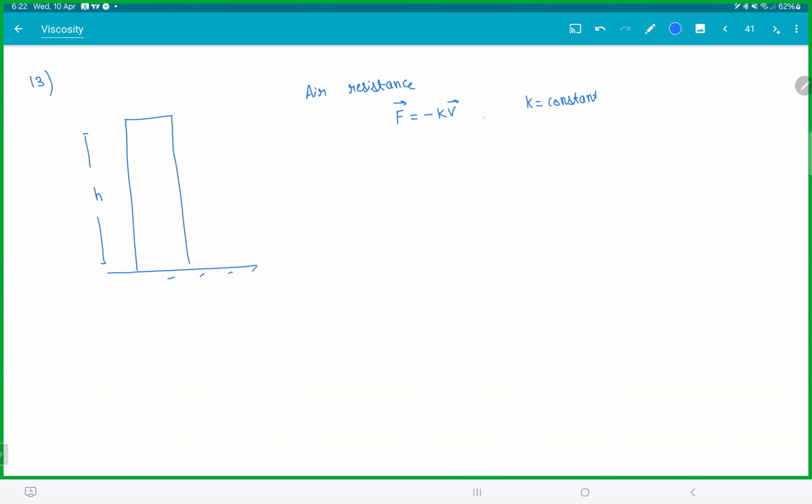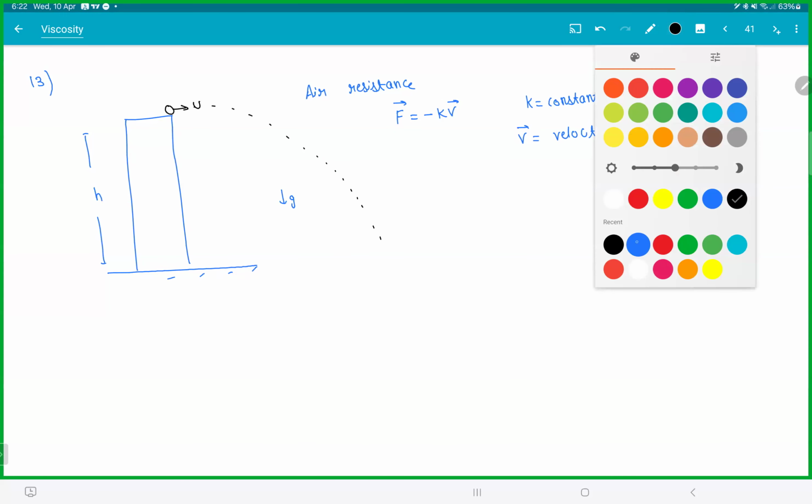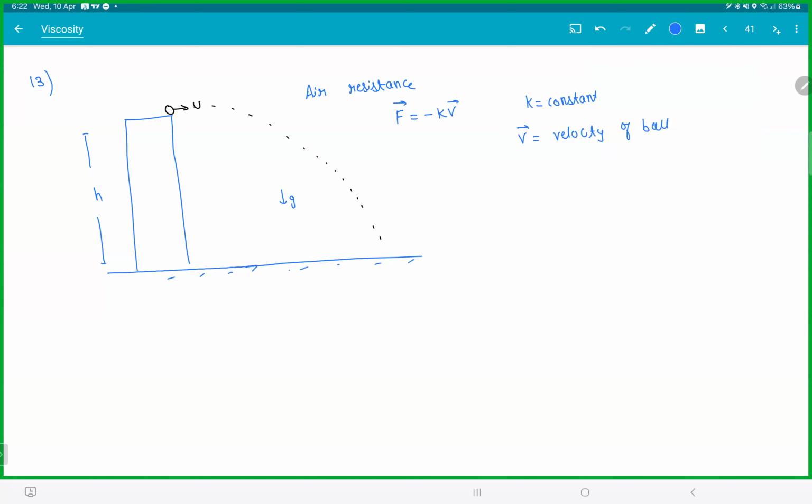So F is the viscous force opposite to velocity. V bar is the velocity of the ball. Gravity is also there. Someone took a ball here and projected it horizontally with speed u. I want the projectile motion now that there is air resistance. Find the x and y coordinates as functions of time t.